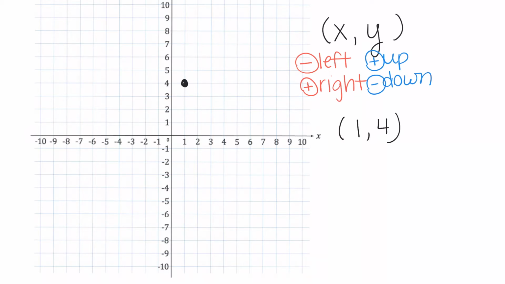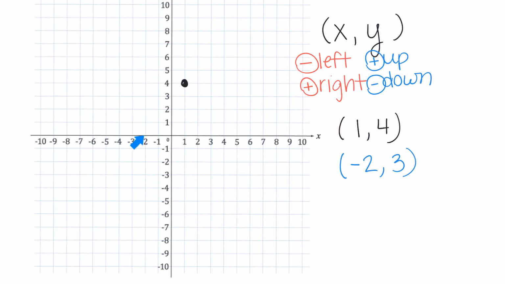Let's try another one. What if I give you a coordinate of (-2, 3)? This time, I'm going to start again in the middle of the graph at the origin, and I'm going to go along the x-axis to the -2. So that means I'm going to go to the left.